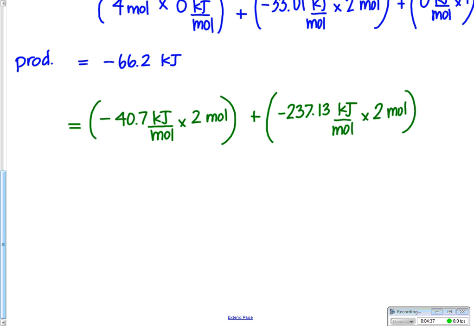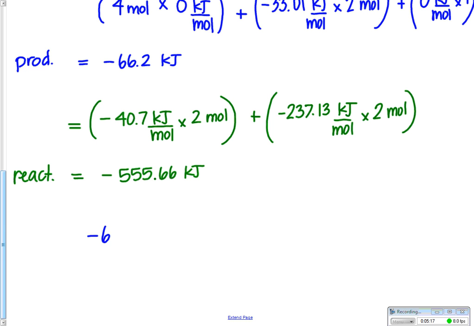So when I do this math for the reactants, I didn't actually give myself a total, so we'll quickly add those. You should get a total of negative 555.66 kilojoules. Now remember, we're not finished until we actually do the subtraction.